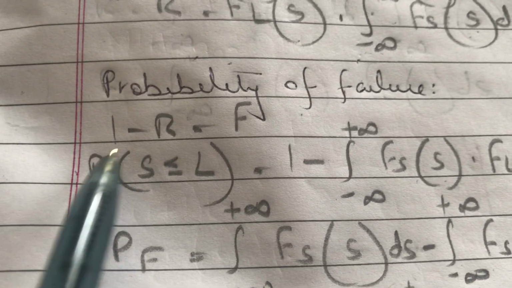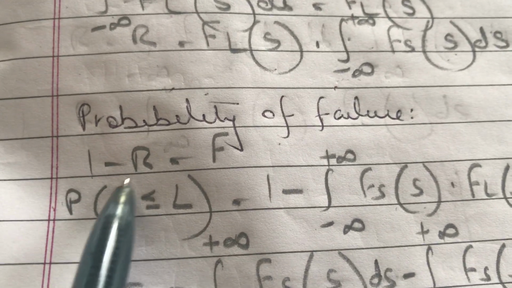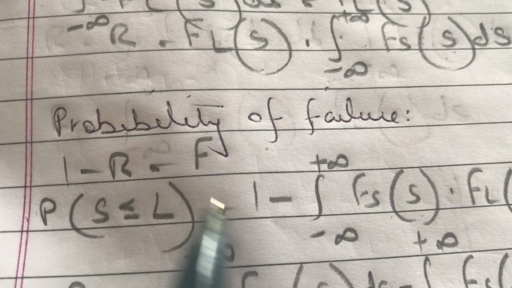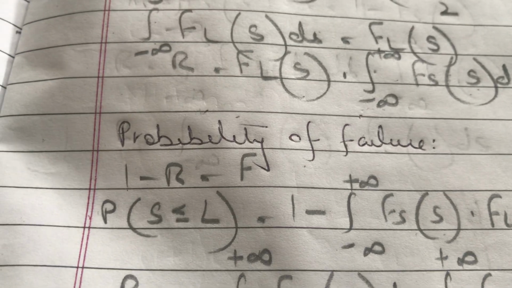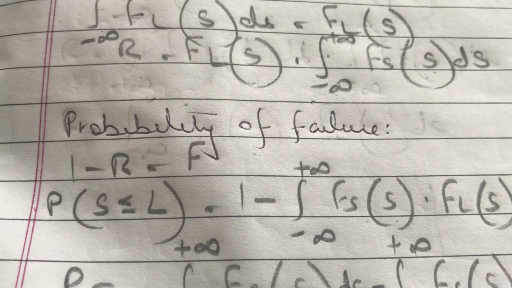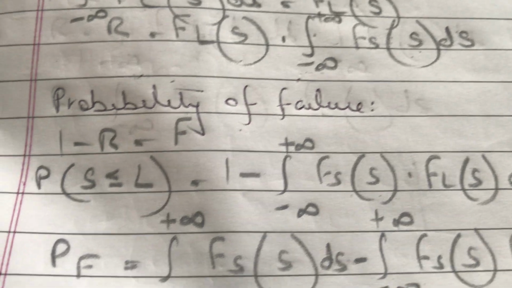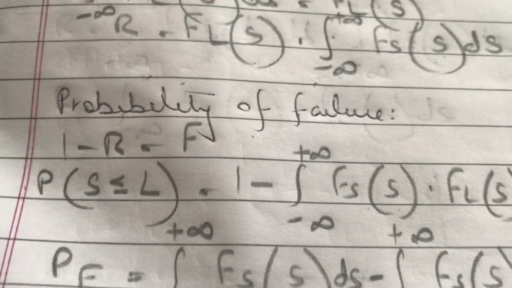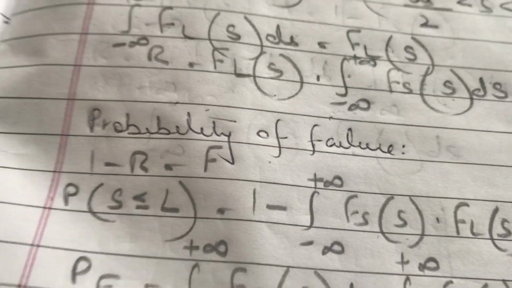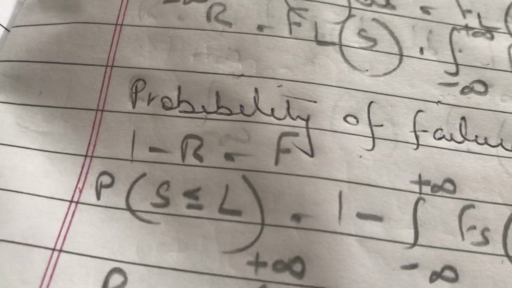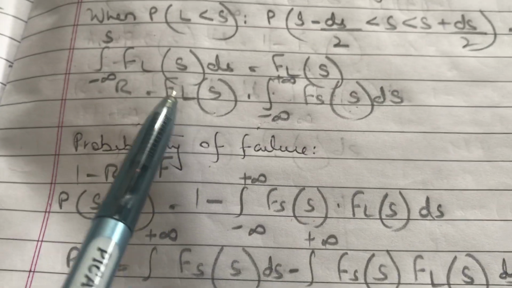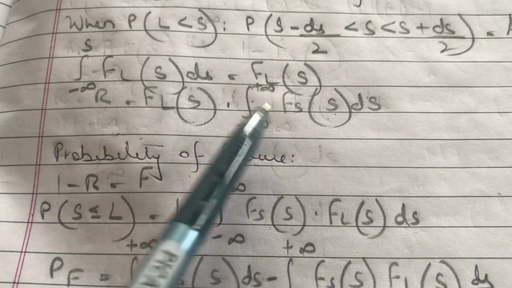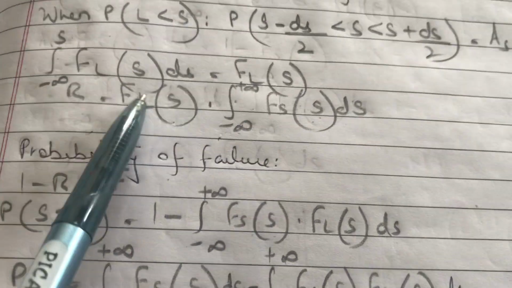Now what happens? P is the probability here that S is less than or equal to L. We have taken another probability, that is S less than or equal to L. The strength is less than or equal to L, the load. And what happens when we say this? There is nothing different in this, we are just taking over this equation, minus infinity to plus infinity, fs of s, fL of s and ds.